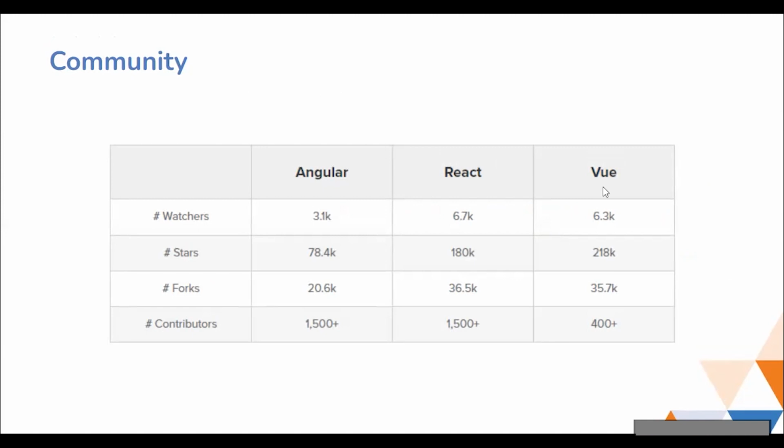On GitHub, it has 6.7K watches, 180K stars, 36.5K forks, and 1500 contributors. So 1500 web developers and programmers are contributing to React. That is a great opportunity for React learners also.